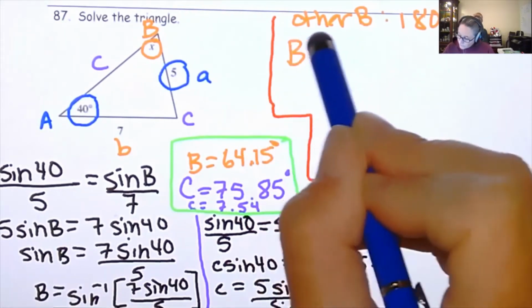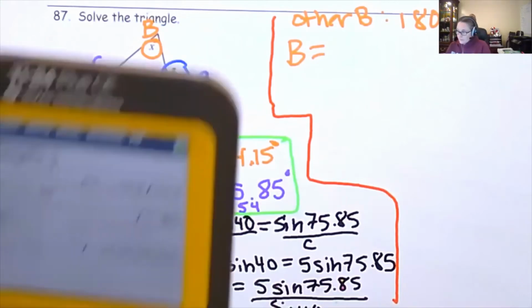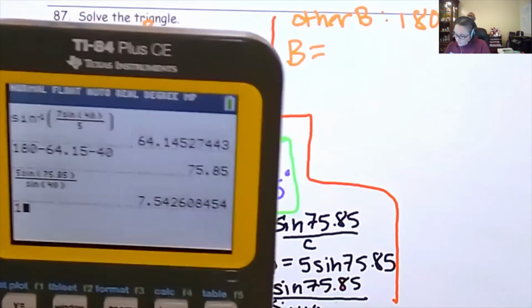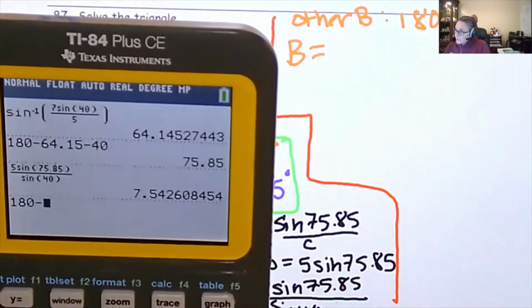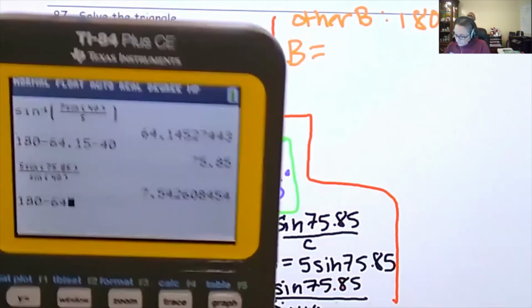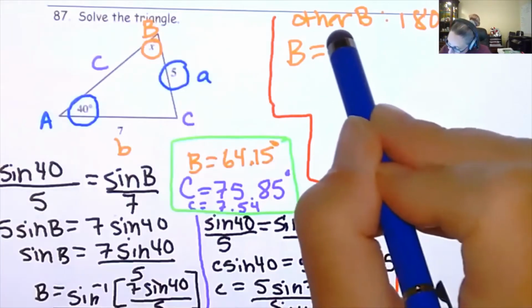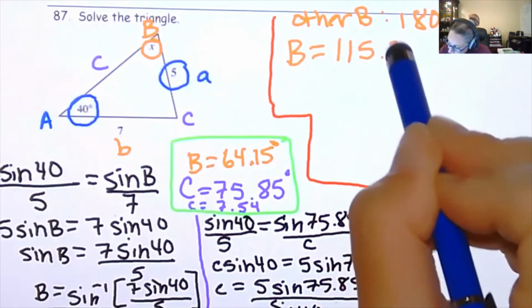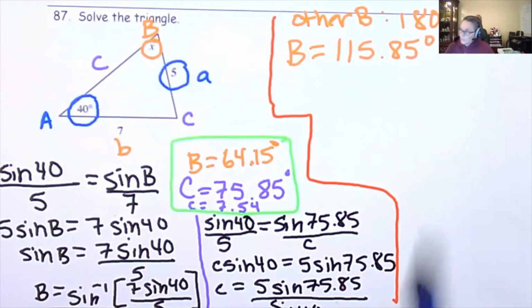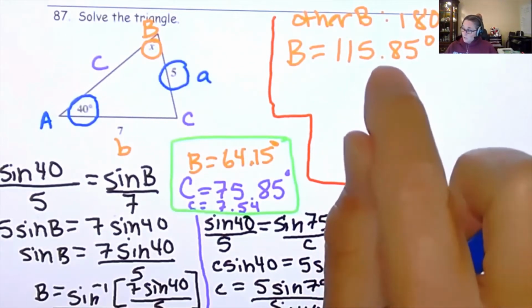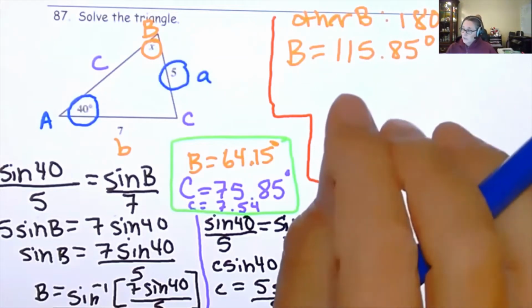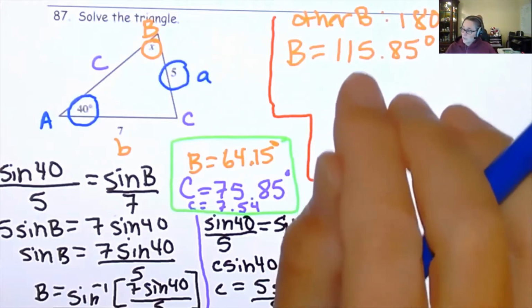And so when I put that into my calculator, okay, and I'm going to go 180 minus 64.15, I end up with 115.85. 115.85 degrees, so that's B. Now, if that's my new B, possibly, and I'm saying possibly because you always want to make sure that the triangle makes sense.